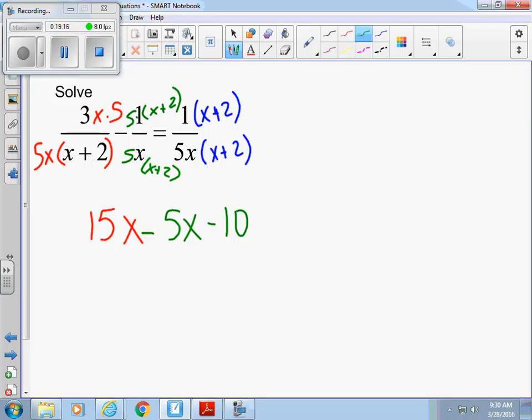Remember that whole fraction is subtracted, so everything that's on the top needs to be negative. It goes either one place or the other. Negative 1/4 could be negative 1 over 4, or 1 over negative 4. Okay, any questions about that?